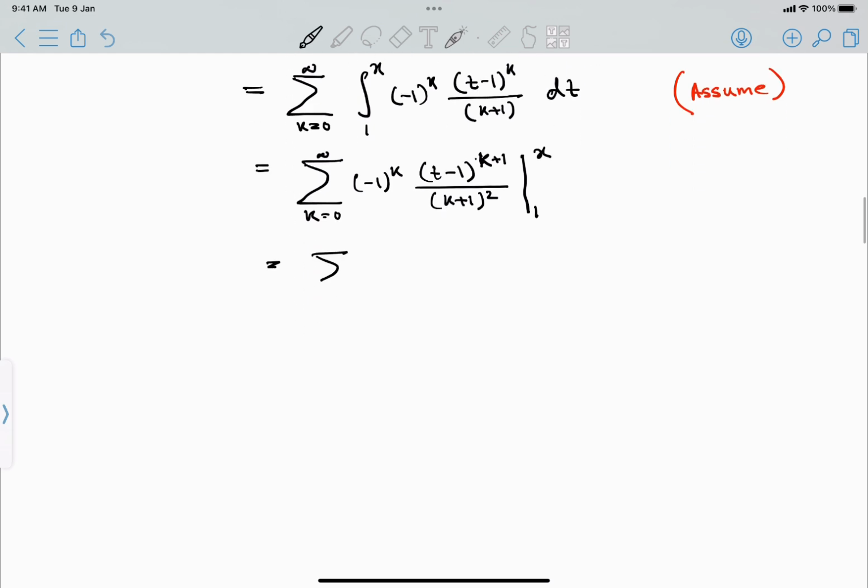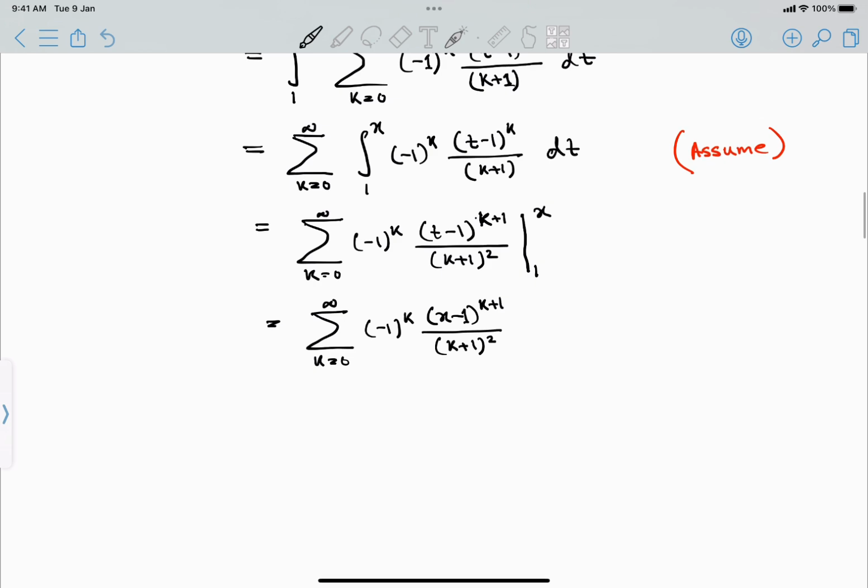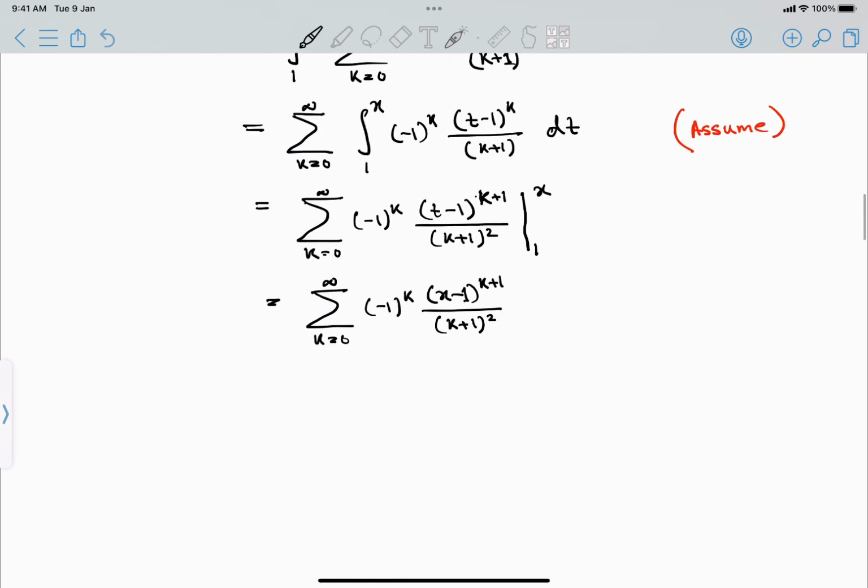At the point x you get minus 1 to the power k, (x minus 1) to the power k plus 1 over (k plus 1) squared, and at 1 you get 0.